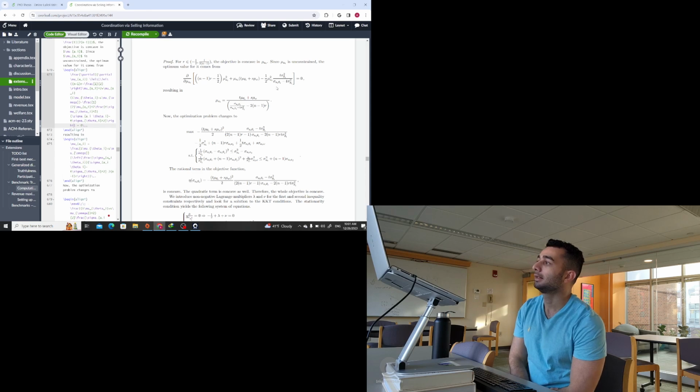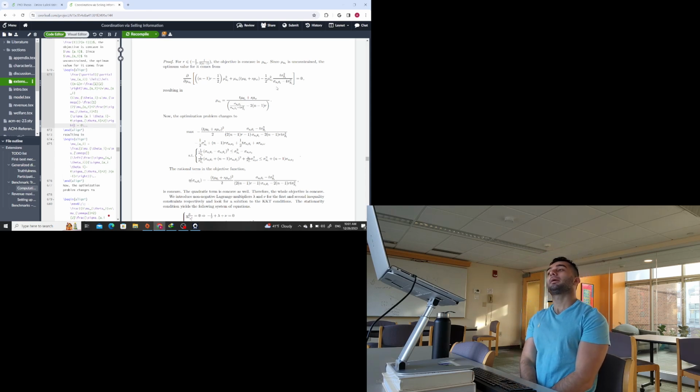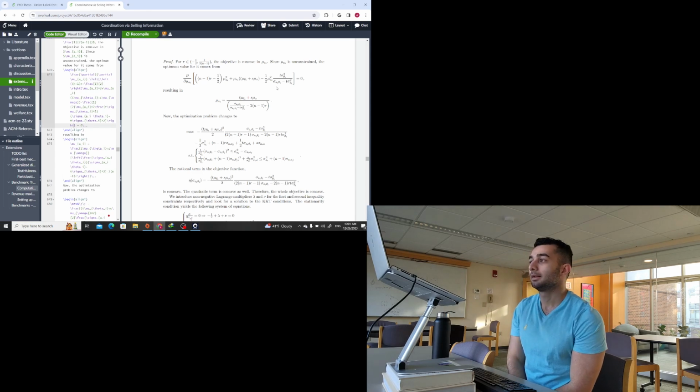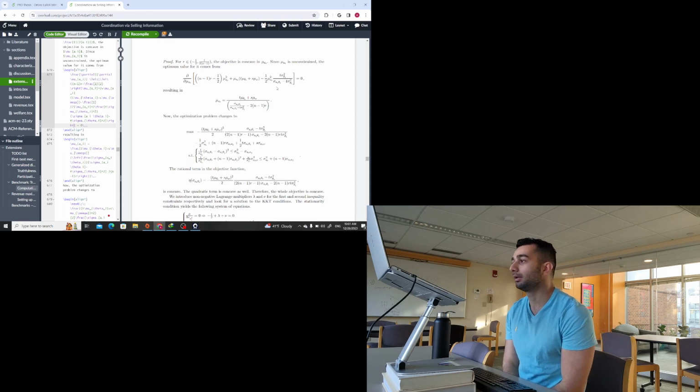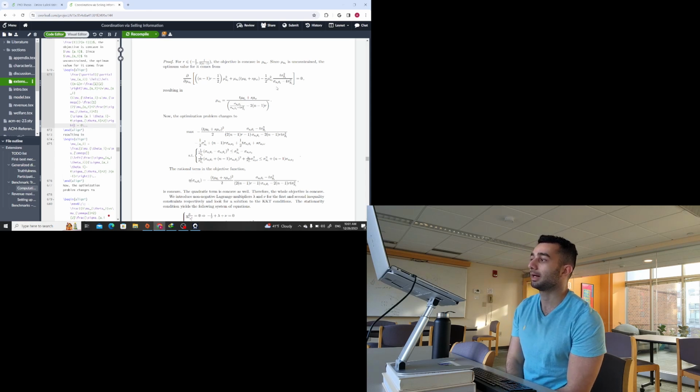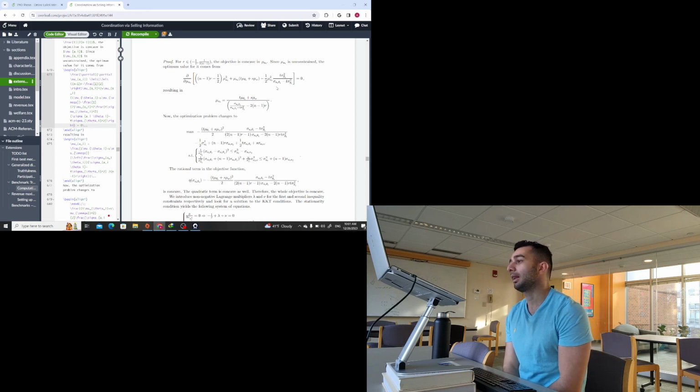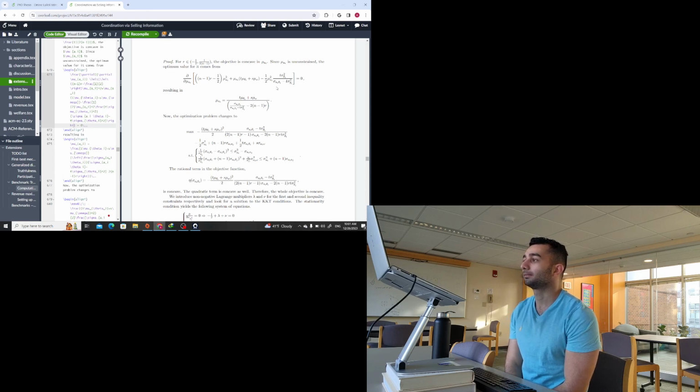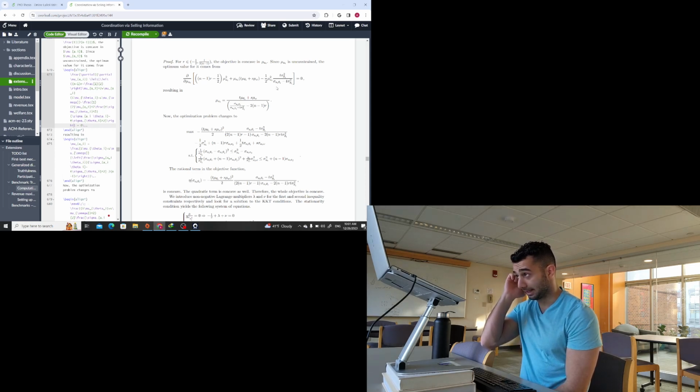Resulting in this. Now the optimization problem changes to this, which is all sigma, and the rational term in the objective function, which is this, is concave. The quadratic term is concave as well. Therefore, well, it's not a quadratic. It's just linear. Yeah, I should say that.